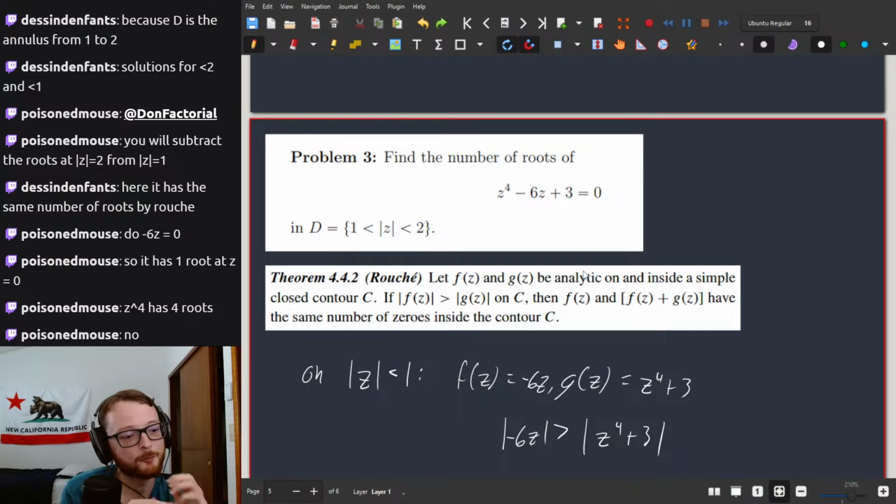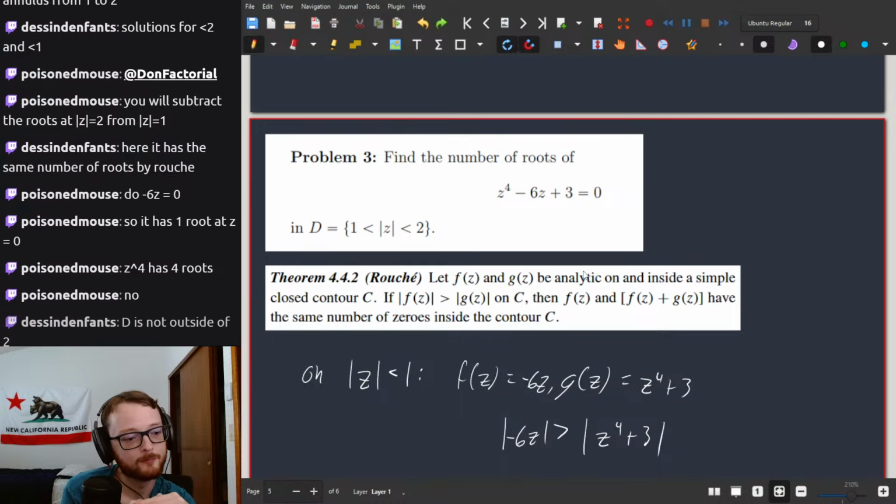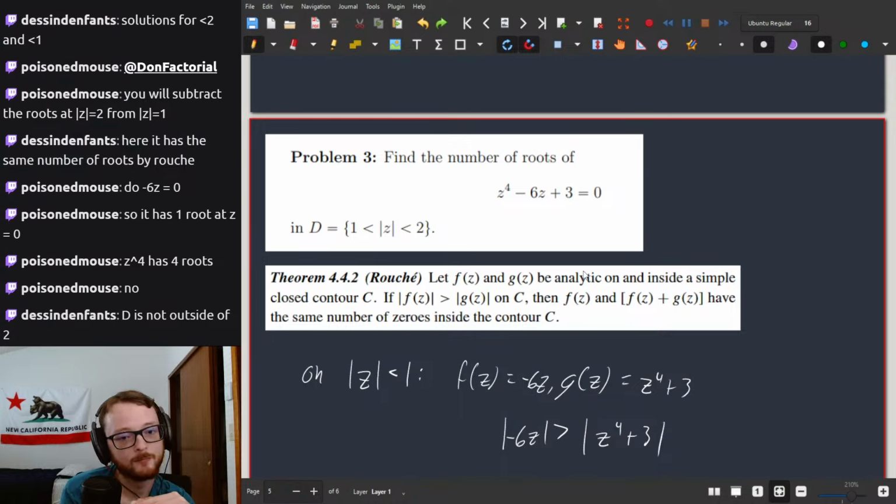You have to prove there aren't roots outside of 2. Or do Rouche's a second time. Well, the polynomial is defined for all complex numbers.